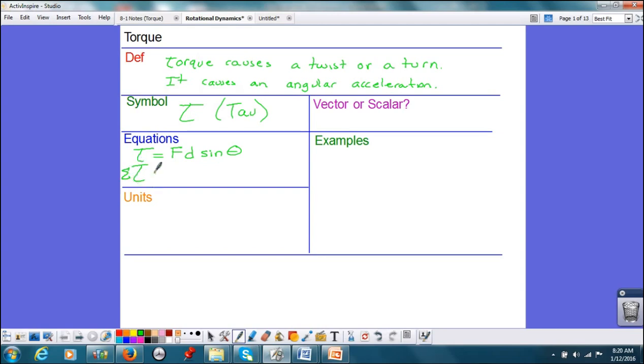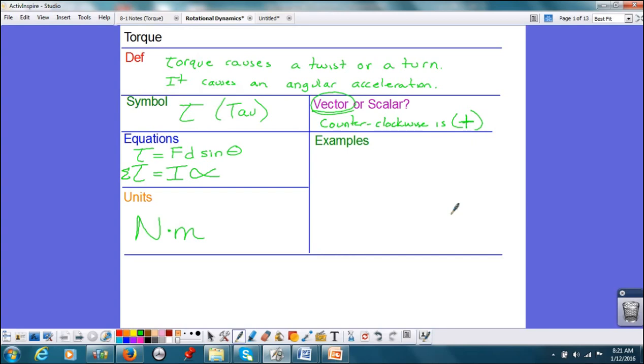The net torque is equal to the moment of inertia times the angular acceleration. The units are still a Newton times a meter. Okay? It is a vector. Okay? And counterclockwise is positive. Okay, which means clockwise is negative.